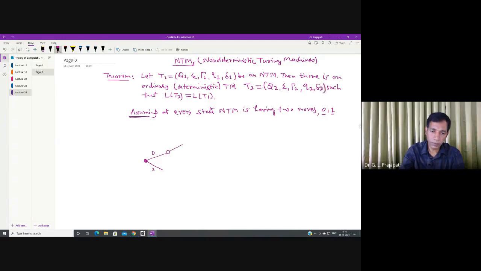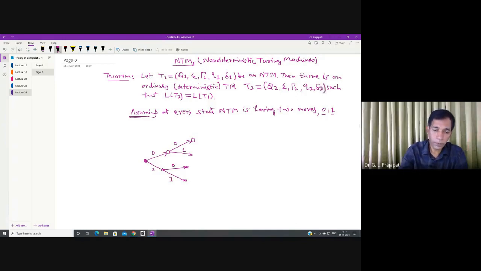So it can go to another possible configuration by exercising the move 0, or it can go to another configuration by exercising the move 1. If your Turing machine has this move, then from here it can go to this configuration, or it can go to this configuration by exercising the move number 1.